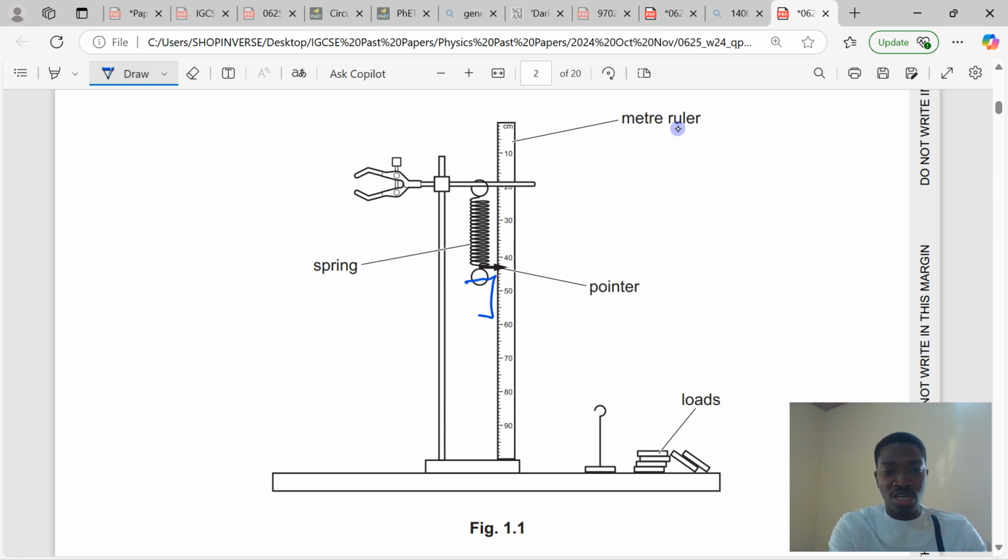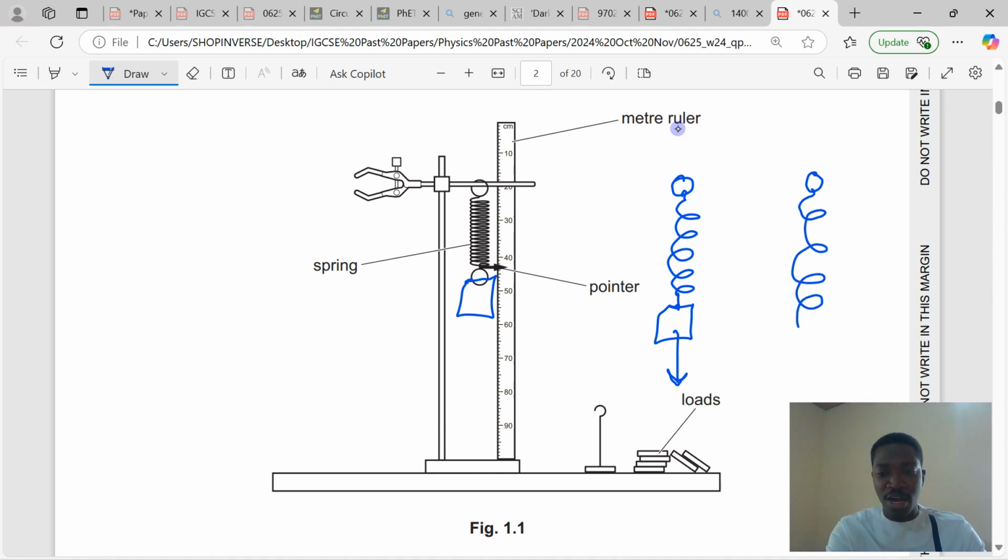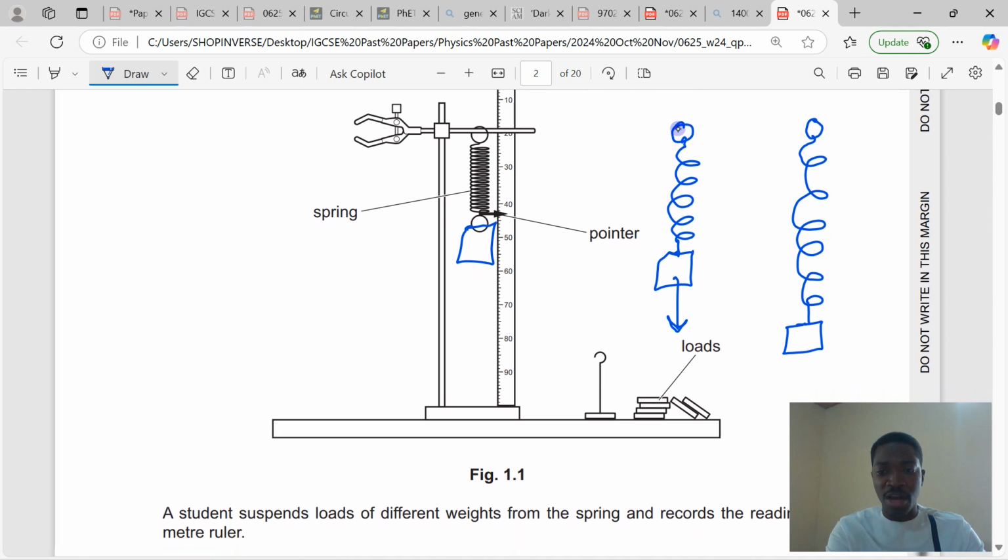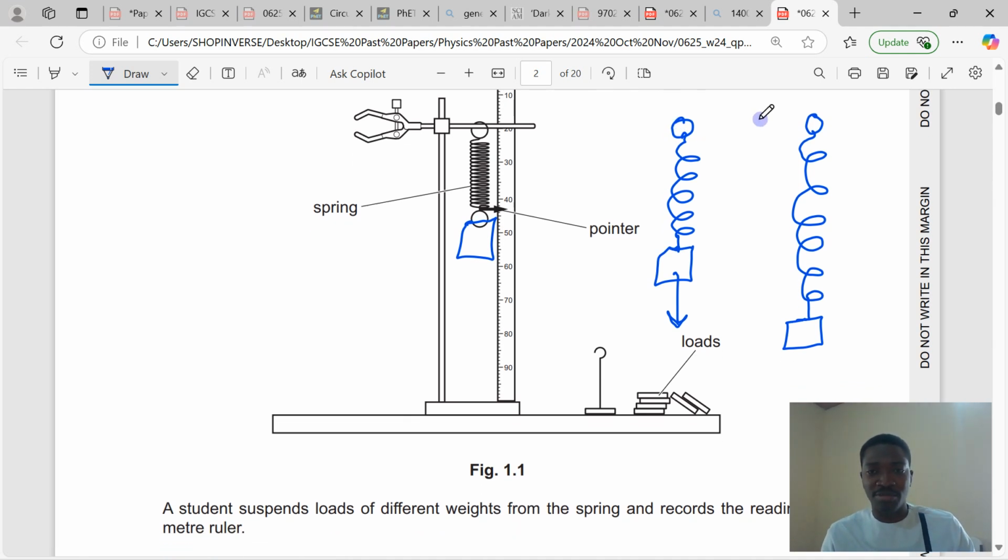When a load is attached to the spring, ideally, the spring would extend when you attach the load of 5.6 Newton. Now, you apply an additional force. In that case, that simply means you are pulling the spring further, and this is what you end up having.